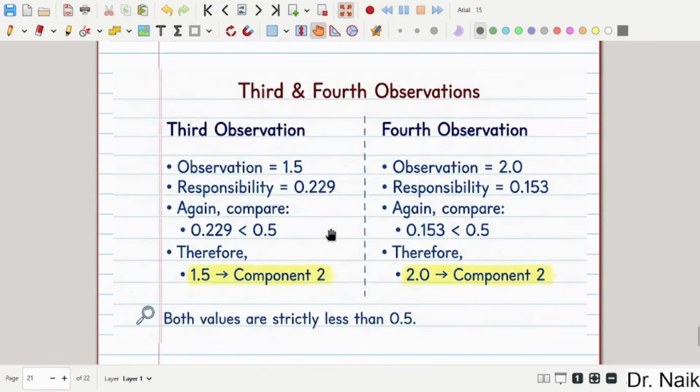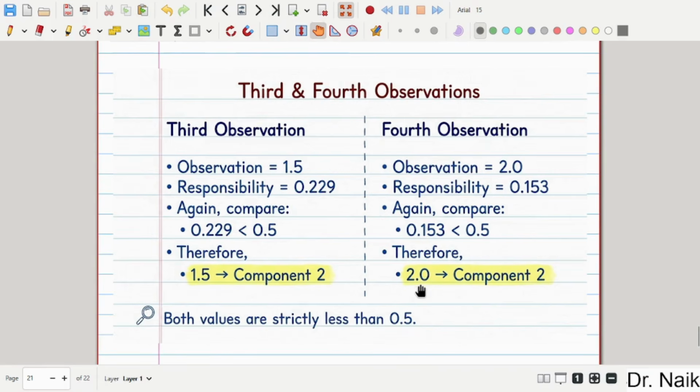Now observe the third and fourth observations. The third observation is 1.5 with responsibility 0.229. 0.229 is less than 0.5. Therefore, the third observation 1.5 belongs to component 2. The fourth observation is 2.0 with responsibility 0.153. 0.153 is less than 0.5.